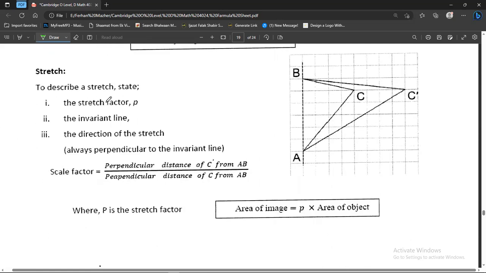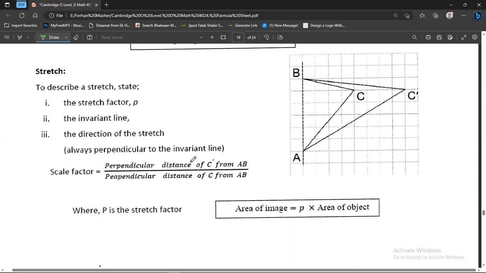To describe a stretch, which has been removed from the Cambridge syllabus of 4024, but let me tell you a little bit about it: state the stretch factor P, the invariant line, and the direction of the stretch, always perpendicular. For example, this is the invariant line, then you move perpendicular to the invariant line.